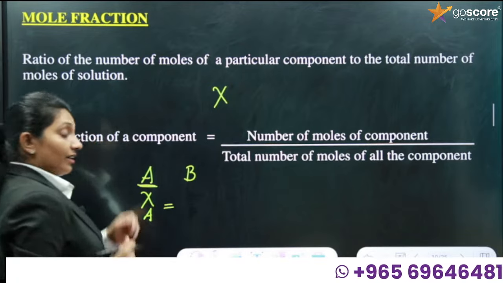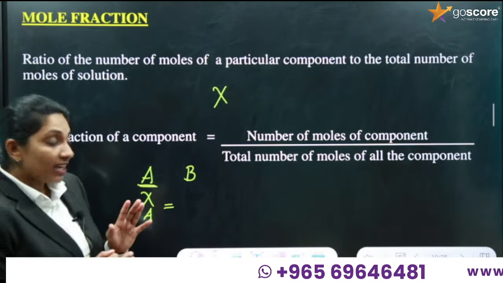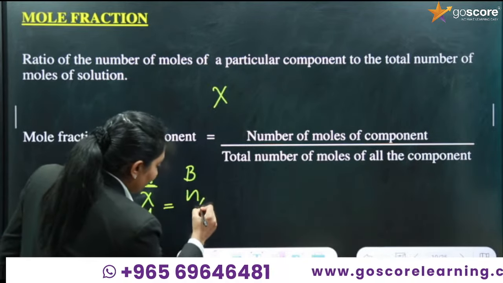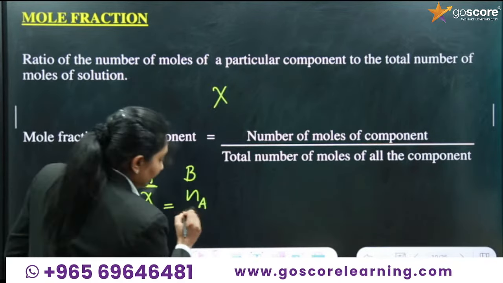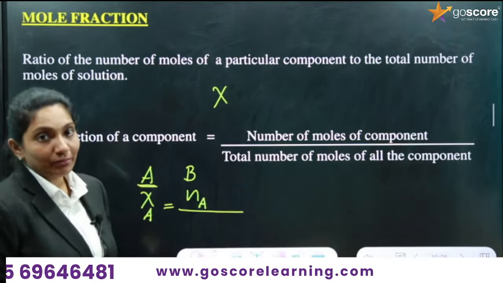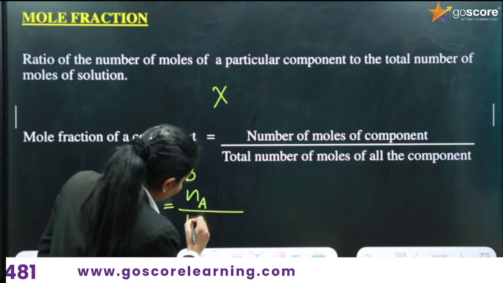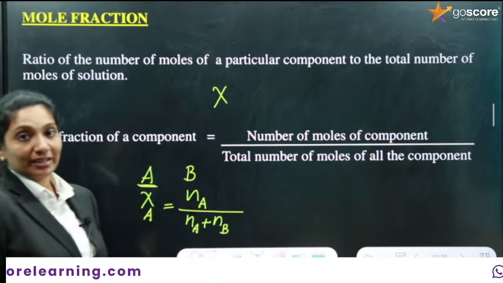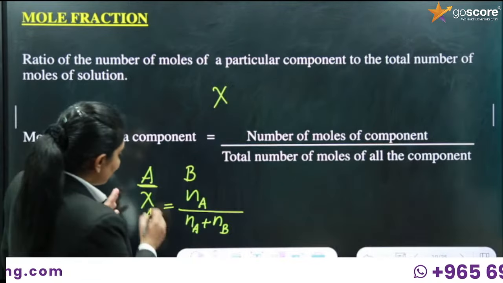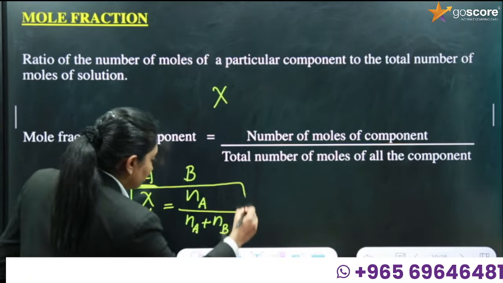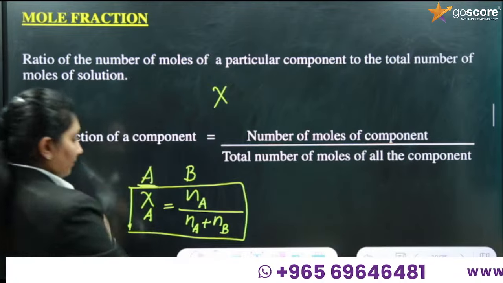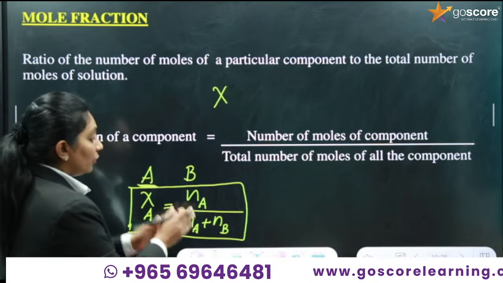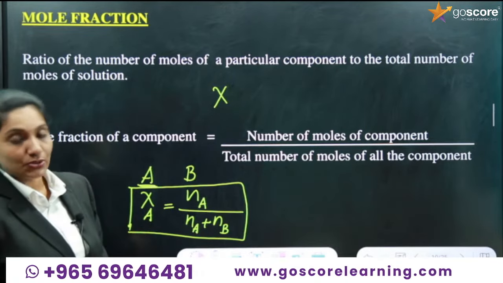It is the ratio of the number of moles of this particular component A, that is number of moles of A, divided by the total number of moles, that is the number of moles of A plus number of moles of B. So, this is the mole fraction of particular component A in the solution.